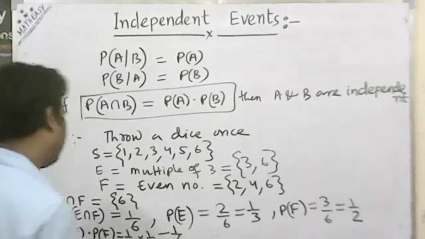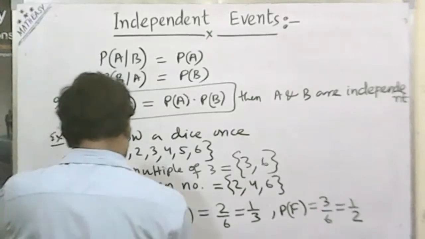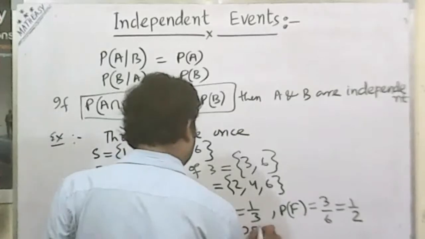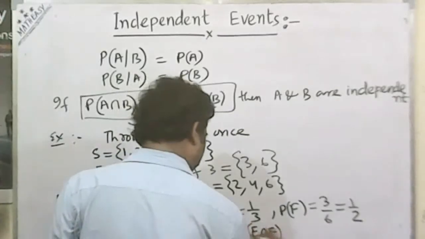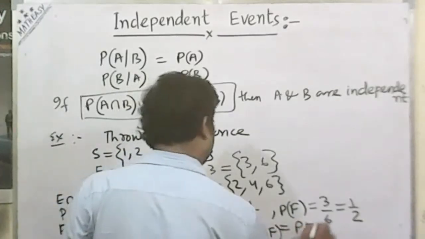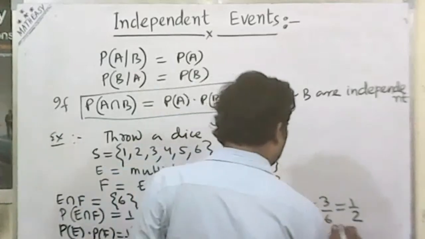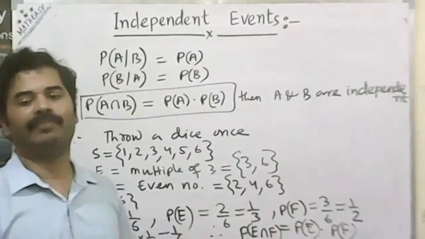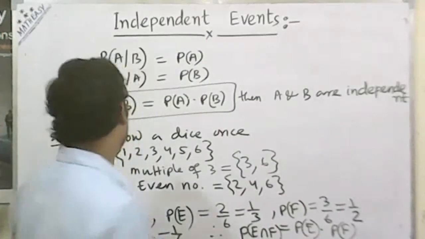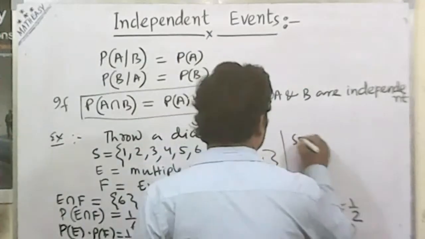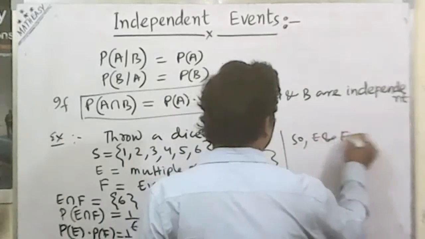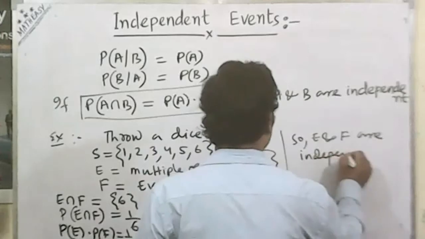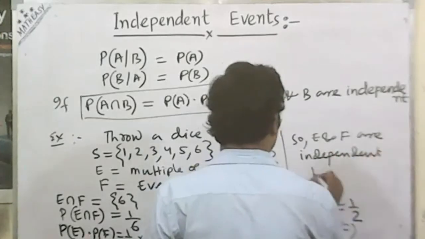That is equal to probability E intersection F. So E and F are independent events.